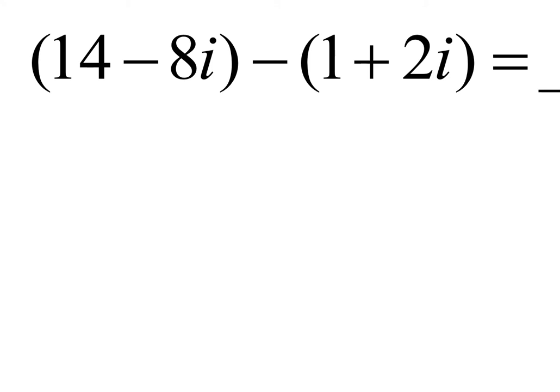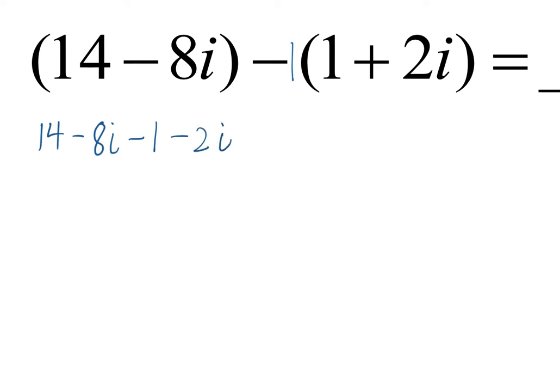Part C, this is our first subtraction one. I'm just going to rewrite it to clear the parentheses. The first group didn't need parentheses, but this second group right here, I need to distribute a -1 to it. What's in front of that complex number right there is a minus sign, so distribute a -1. So -1 times 1 is -1. -1 times 2i is -2i.